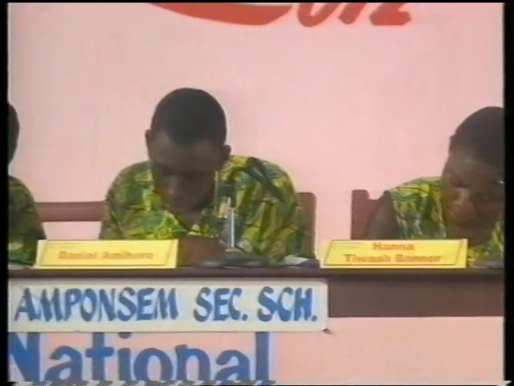Amponsem, your final question for this round. Find constants A, B, and C such that x squared plus x plus 1 is equivalent to A(x minus 1) squared plus B(x minus 1) plus C. Daniel.